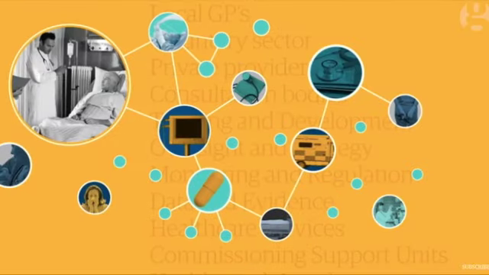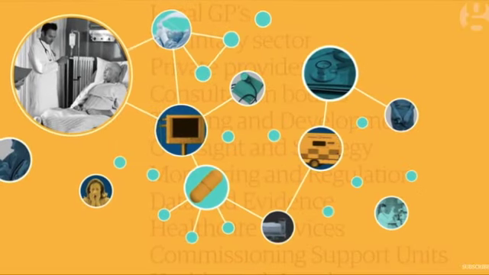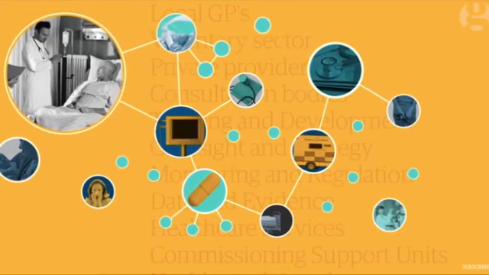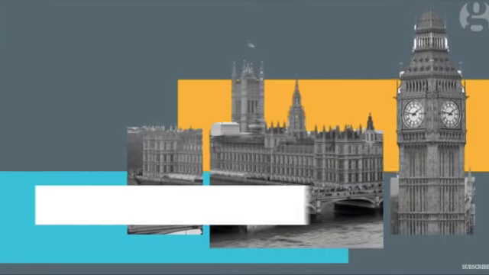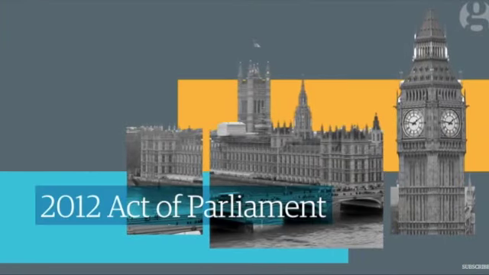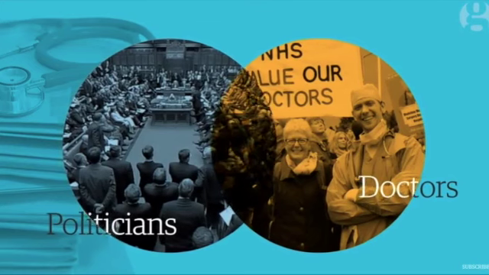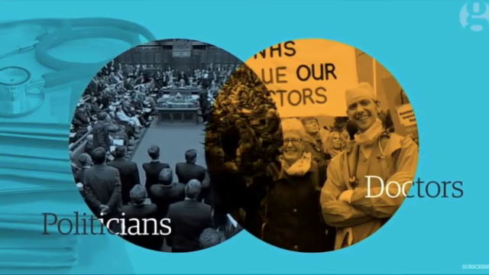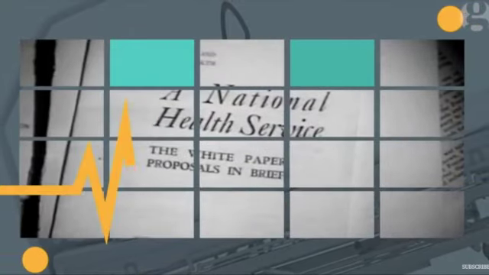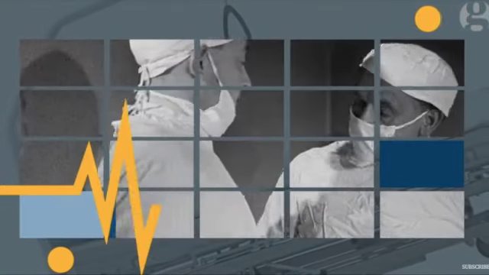Ooh, where was I? If that sounds like a system sorely in need of reform, that is the reformed version. The product of a 2012 Act of Parliament designed to give much more power to doctors in deciding how the money gets spent. In fact, the whole history of the NHS is a series of compromises between politicians and doctors. When the Labour government first created the NHS in 1948, it was in the face of bitter opposition from the Doctors' Trade Union, the British Medical Association.